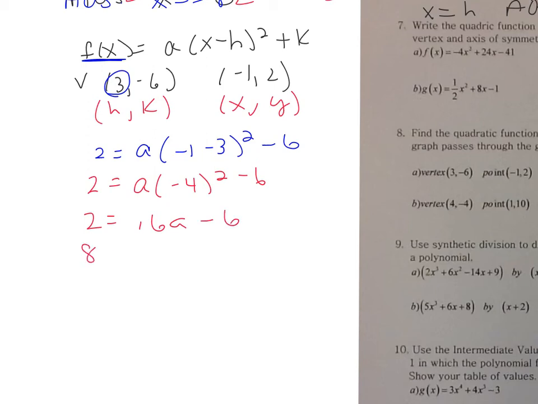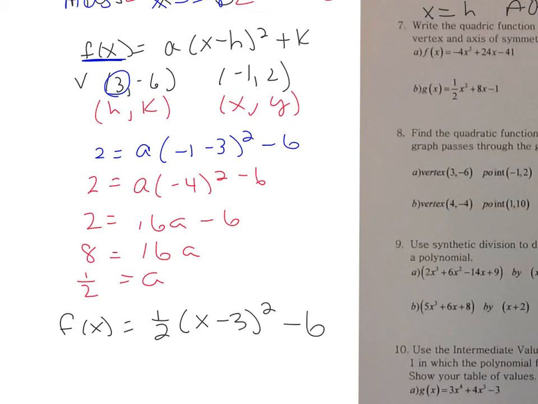Add 6, we get 8 equals 16a. So a is equal to 1/2 when you divide both sides by 16. Now we just write the equation. f of x is equal to a, which is 1/2, times x minus h, which is going to be minus 3, squared plus k, which is going to be minus 6.